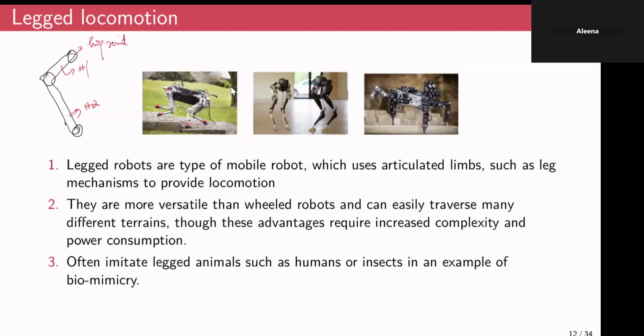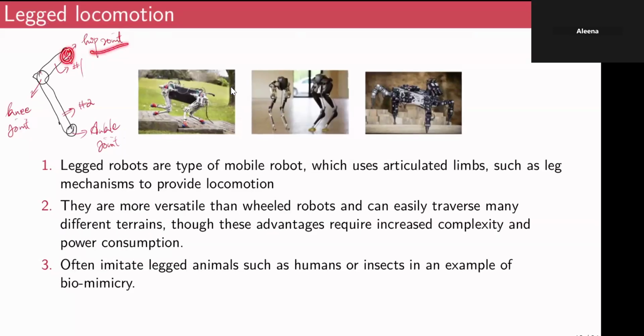The hip joint connects the limb, or the leg, to the main body, and I'll call this joint the knee joint. The third joint I could call the ankle joint, right? Each joint will be actuated using motors, so you will be placing motors attached to the axes of the hip, knee, and ankle joints, and the motion of those motors would impart motion to the joints.